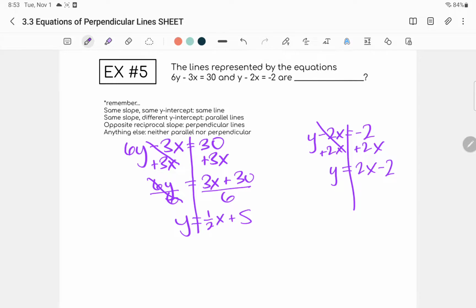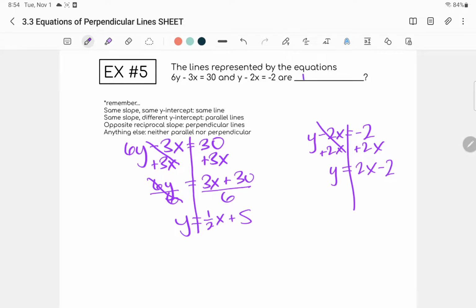Those are reciprocals, but they are not opposites unless I did something wrong. No, this one is positive, and then when I move this over, yep, this one's positive. So if one of them was negative, that would be perpendicular, but they are just reciprocal, not opposite. So therefore, they're not perpendicular. So that means they're neither.